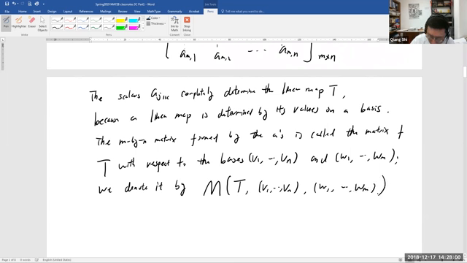So it's important to specify what the T and the two bases are, or if it's pretty clear according to the context, most of the time that means you are using the standard basis. For instance, in Fn, you're going to use 1, 0, 0, then 0, 1, 0, and so on. If there's no ambiguity according to the context, then we can ignore writing the bases of V and W. So you just write M of T, but otherwise you also specify what the two bases are.